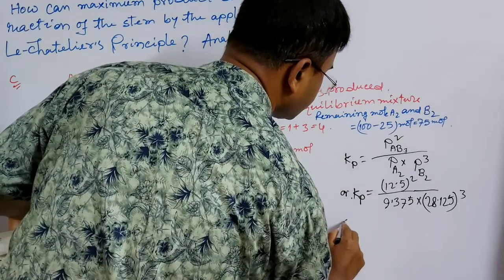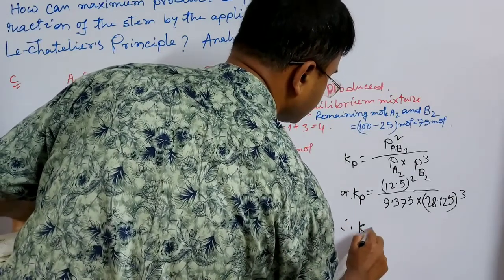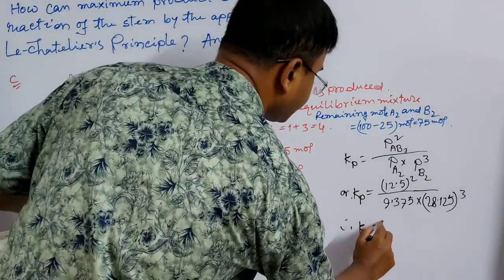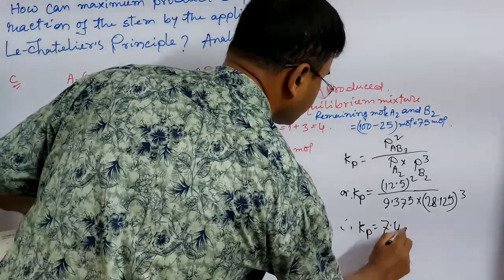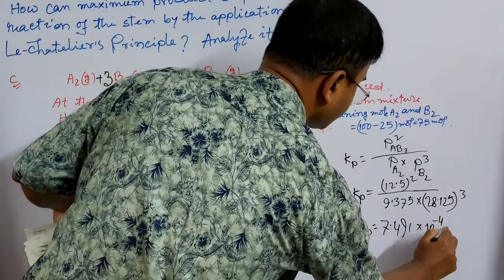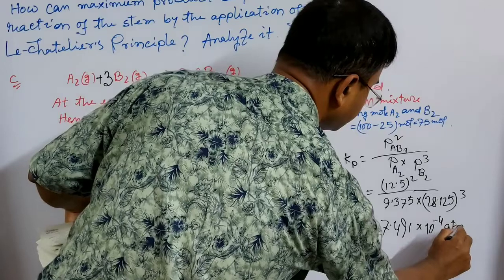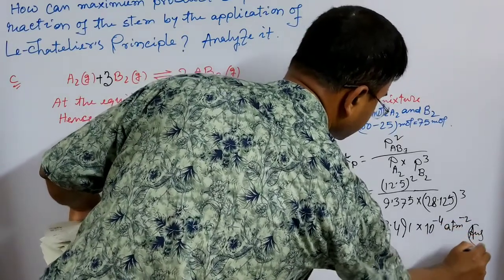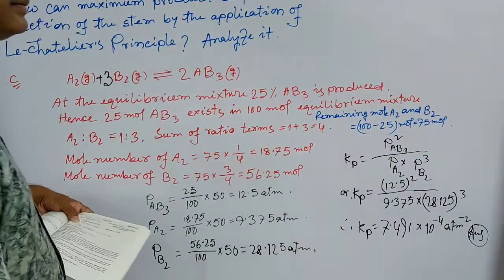So Kp equals 7.491 into 10 to the power minus 4 atm inverse 2. That's all about the value of Kp.